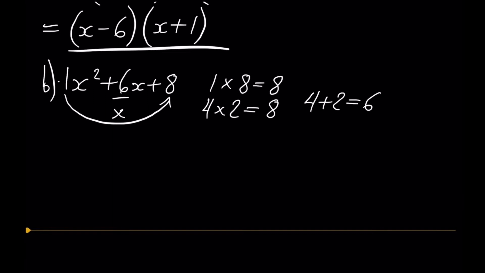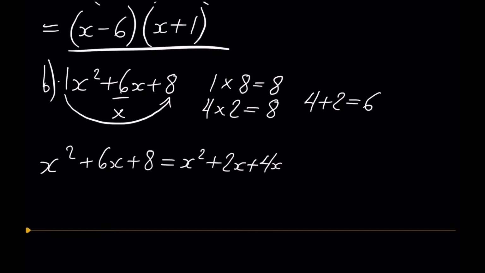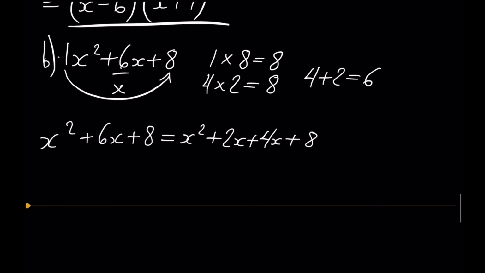So we can rewrite x squared plus 6x plus 8 as x squared plus 2x plus 4x plus 8. And then factorizing each pair of terms, so x squared and 2x, and 4x and 8. That will give us, for the x squared and 2x, the only common factor we've got is x, so we'll get x times x plus 2, and then for 4x and 8, the common factor we've got is 4.